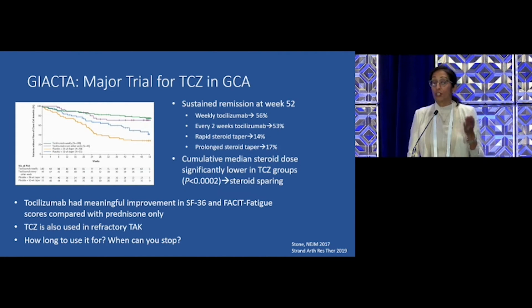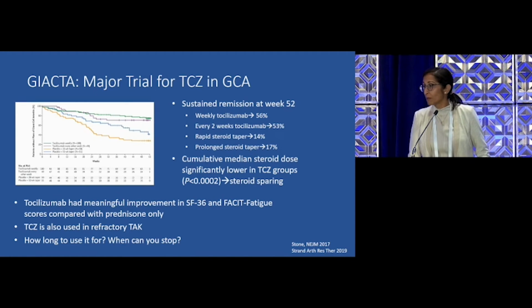So the good news, though, is that even the patients who did flare after stopping the medication, pretty much all of them were able to regain disease control once they were restarted on Tocilizumab or a combination of Tocilizumab and steroids. So we can rein it back in, but I prefer to do more of a tapering process where I'll give the weekly dose for at least that year, maybe a year and a half, and then I start tapering it and spacing out the doses of Tocilizumab.